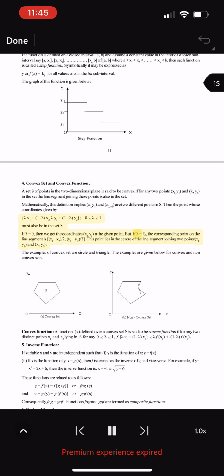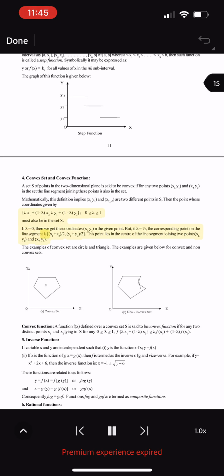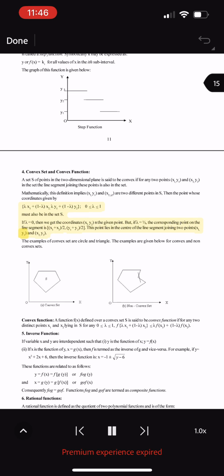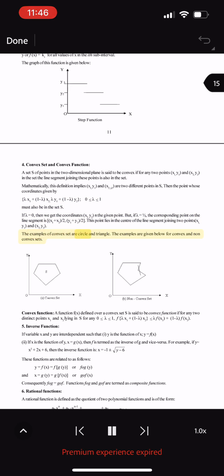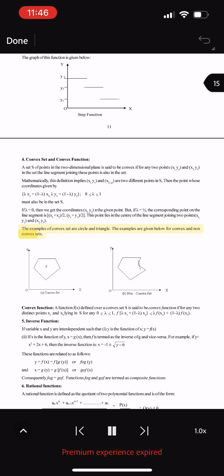But if lambda equals 1/2, the corresponding point on the line segment is ((x1 plus x2)/2, (y1 plus y2)/2). This point lies in the center of the line segment joining the two points (x1, y1) and (x2, y2). Examples of convex sets are the circle and the triangle. Examples are given below for convex and non-convex sets.